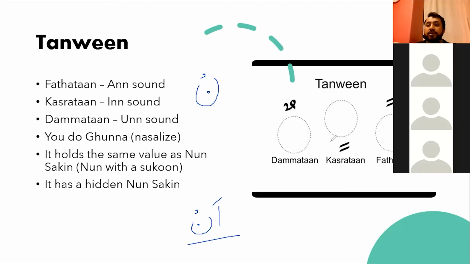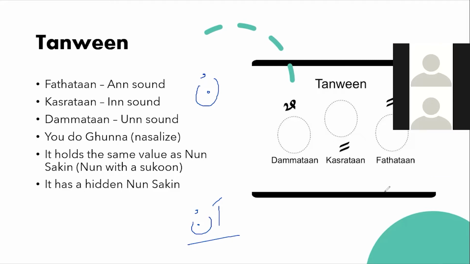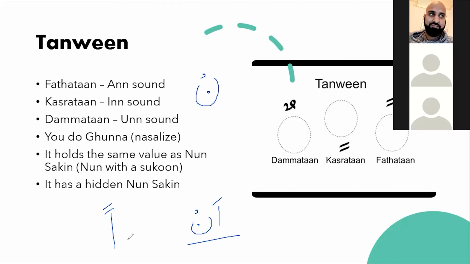So what tanween does is when we have alif and two zabars on it, Haroon, how would we recite this? An, excellent. So them two, they're exactly the same, hence the reason why they hold the same value.